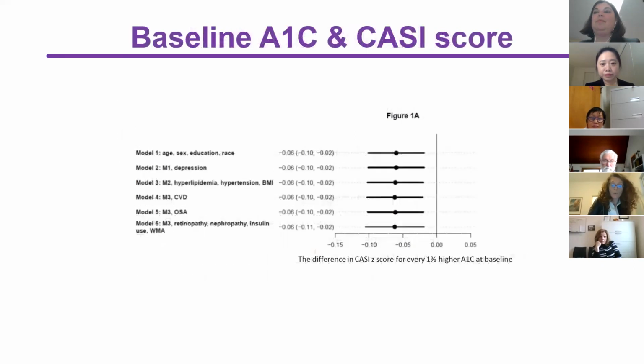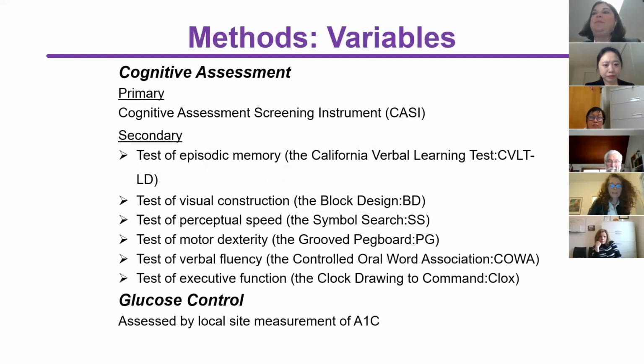We assessed the relationship between the baseline A1C and the baseline cognitive function, the effect of baseline A1C on subsequent cognitive decline as assessed by the various tests, and the relationship between the change in A1C and the change in the different cognitive tests.